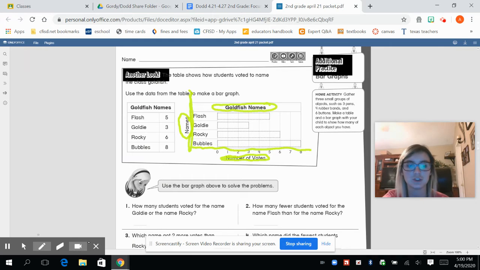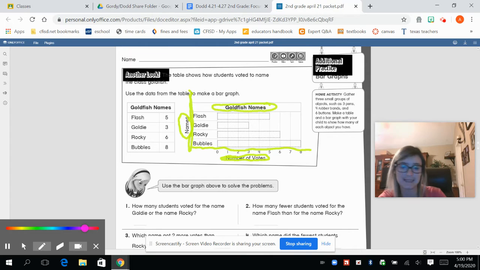So we want to make sure we are using our different strategies here, okay? So first we started with these. We looked at the title, the y-axis, the x-axis, and all the labels on the graph. And we looked for a key, but there wasn't one. So we went through all of these things. So let's look at the first name.